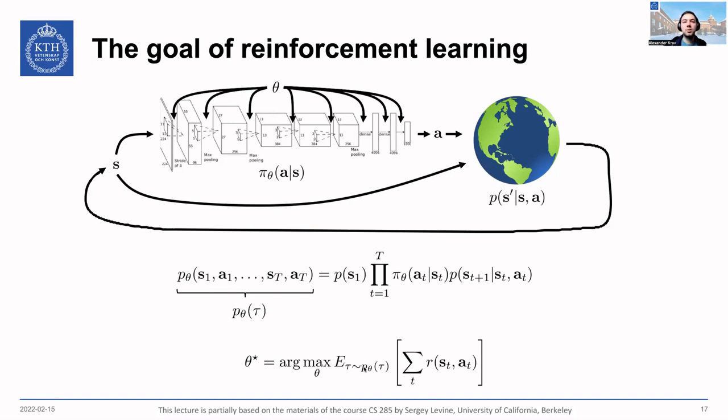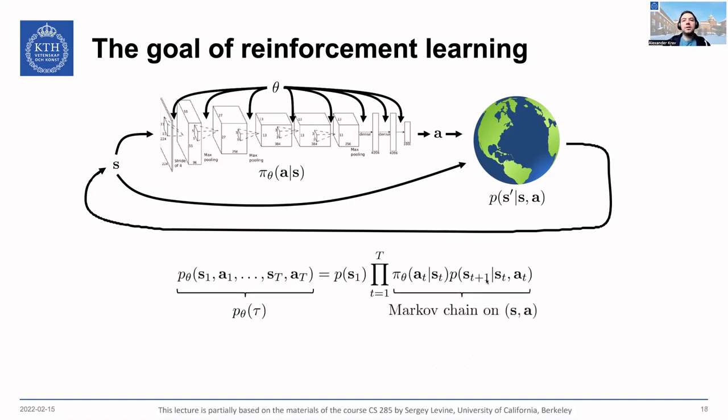So basically, we want to increase the expected reward from the trajectory within some certain time frame t. And the goal of the reinforcement learning algorithm would be to optimize this expectation, to get the maximum by optimizing the theta parameters, to get the best policy that will give us the best expected total reward, given the distribution of different trajectories.